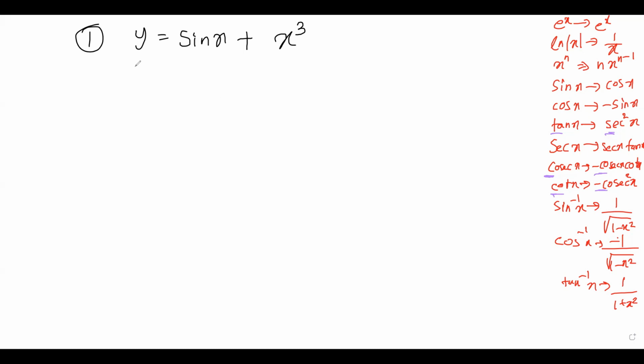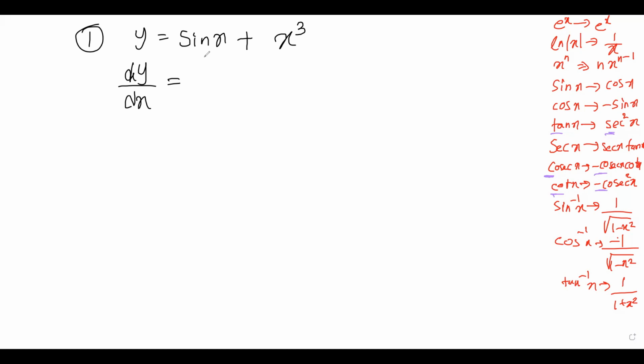How? What is the differentiation of y? It should be dy over dx. I want to derivative this function of y by the subject of x, so normally we write it as dy by dx.